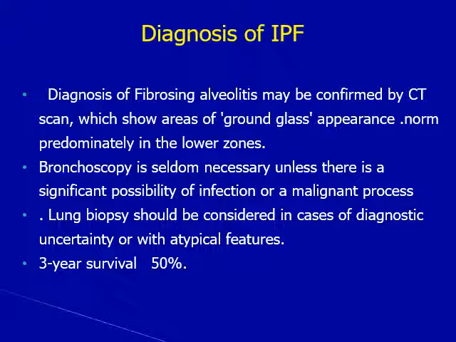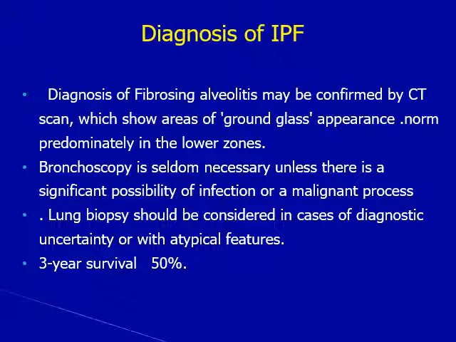We come to the diagnosis of idiopathic pulmonary fibrosis. Diagnosis is usually clinical. The patient is elderly, has insidious onset of progressive exertional dyspnea and dry cough, and by auscultation there are bilateral basal crepitations.